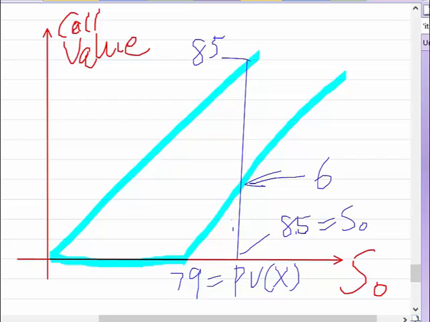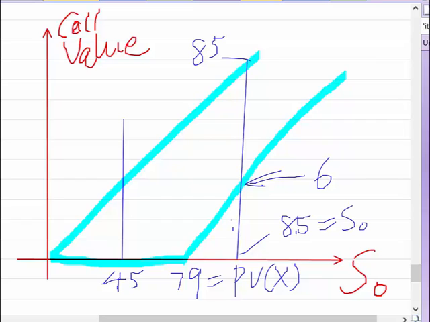Now, how about for some value here? And let's say this value is, make it 50, make it 40, 45 maybe, 45.